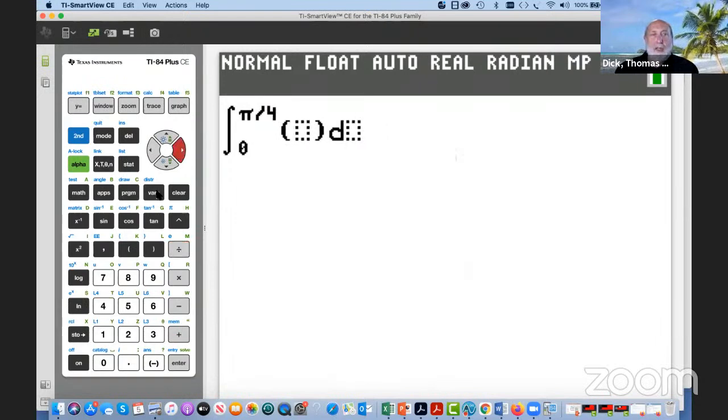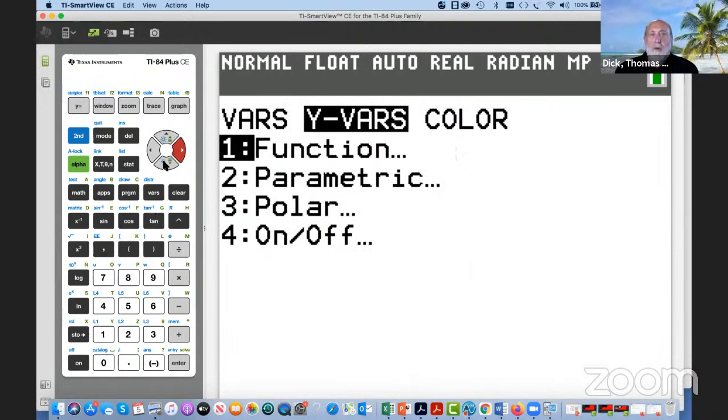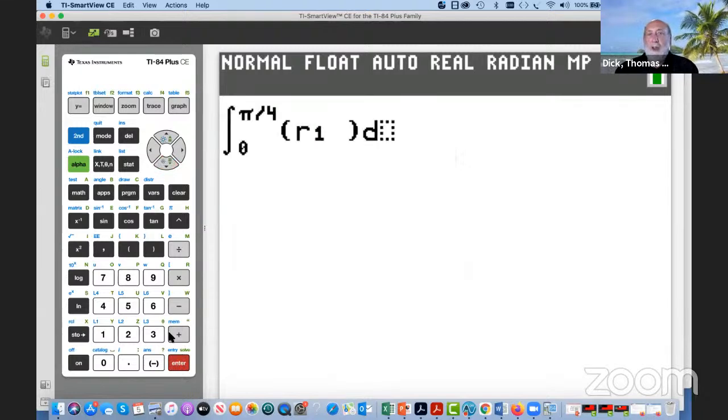And I could actually pull off the R value, R1, rather than type it in again. And I'll see our variable is theta, and we'll integrate with respect to theta, and then we'll see what happens here.